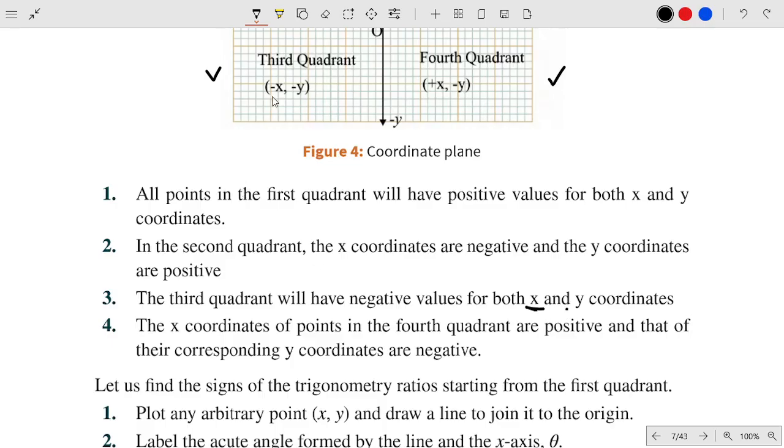So here you can see that we have the coordinate being negative, negative. In the fourth quadrant, the x coordinates of the points are positive, and the corresponding y coordinates are negative. Yes. So let's note that.